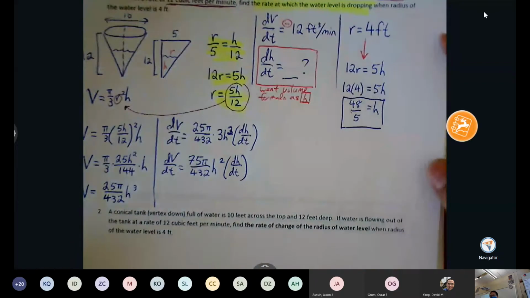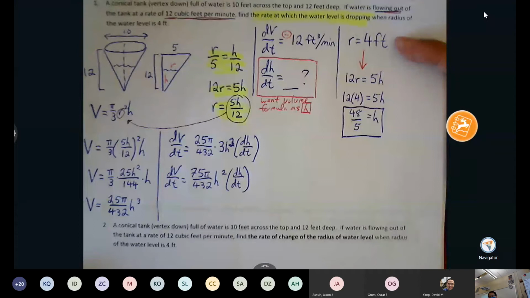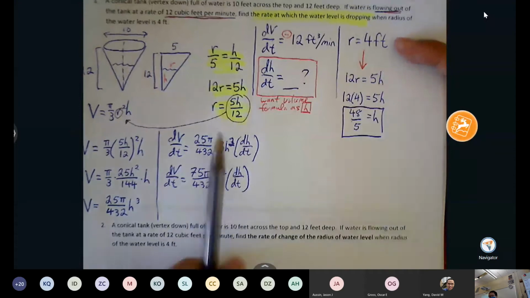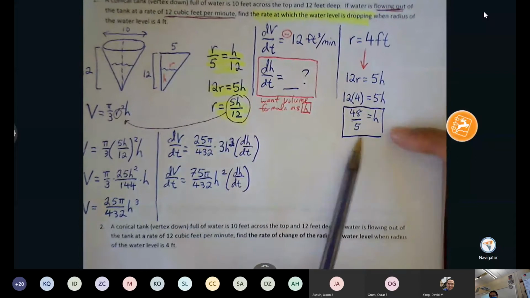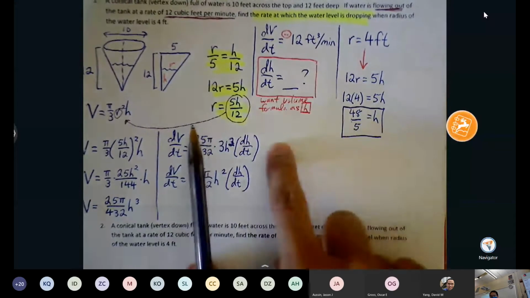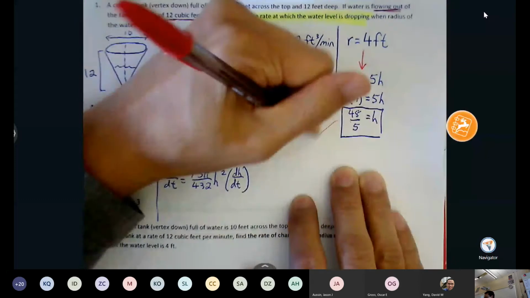So we had to do a little bit more work, but we were able to get there, right? We weren't given directly what we need, but we have tools to help us get to where we want to go. Now we're ready to put that 48 over 5 in for the h. Okay, so we have everything we need now.